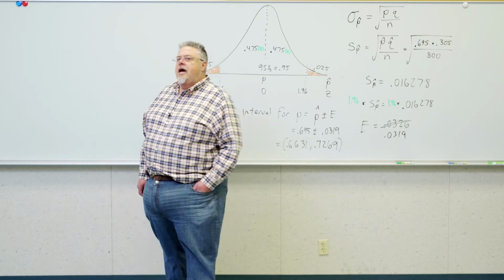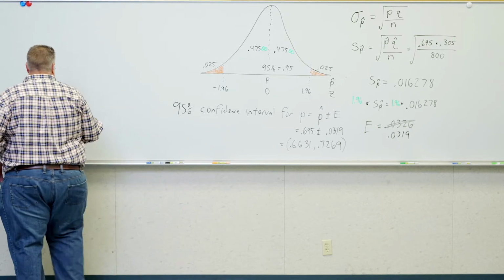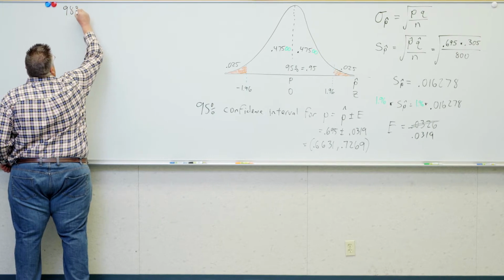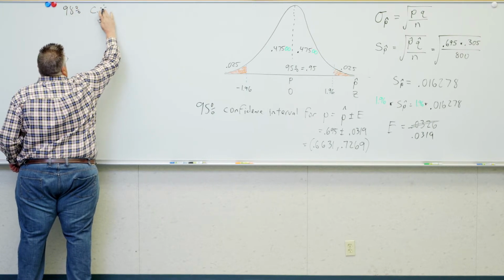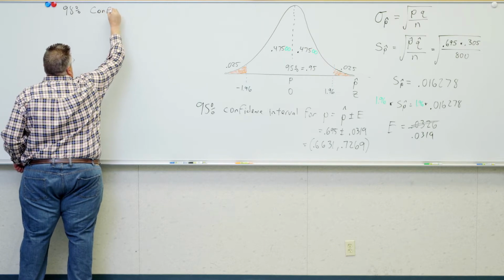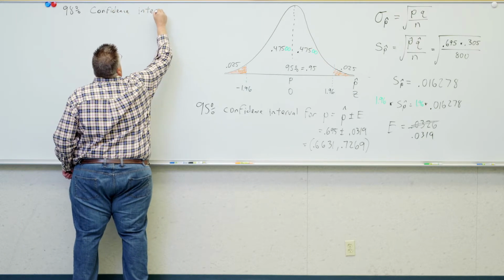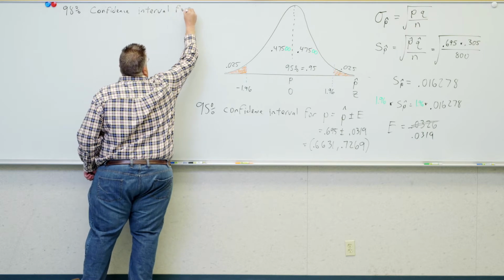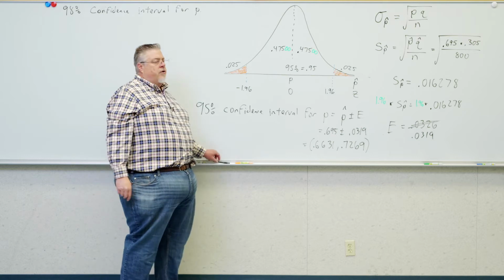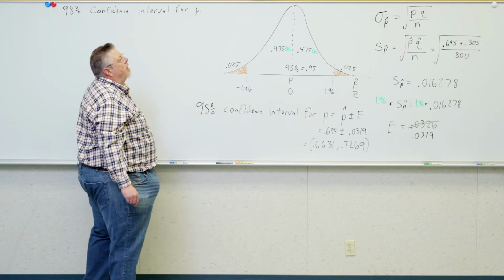Okay. Now let's suppose instead we want a 98% confidence interval for P. Well, I'm going to introduce some new notation here along the way.